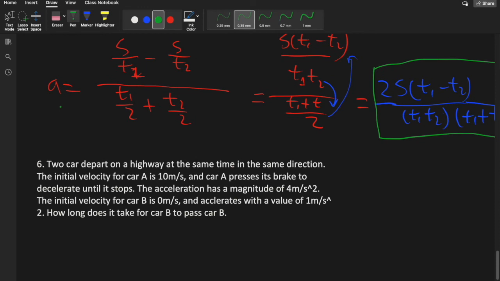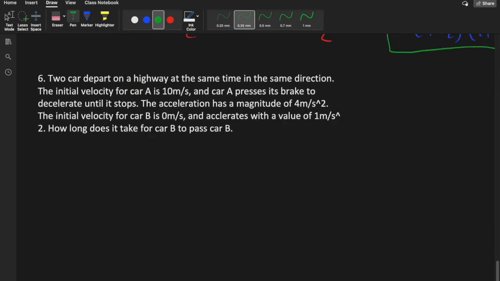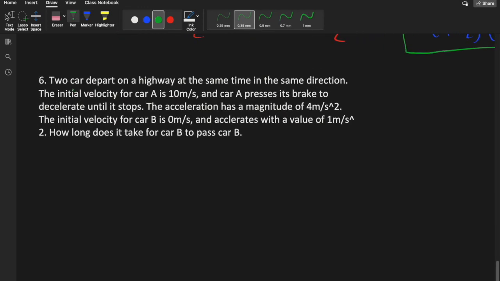Cool. So let's go to the next problem here. Two cars depart on the highway at the same time in the same direction. The initial velocity for car A is 10 meters per second.